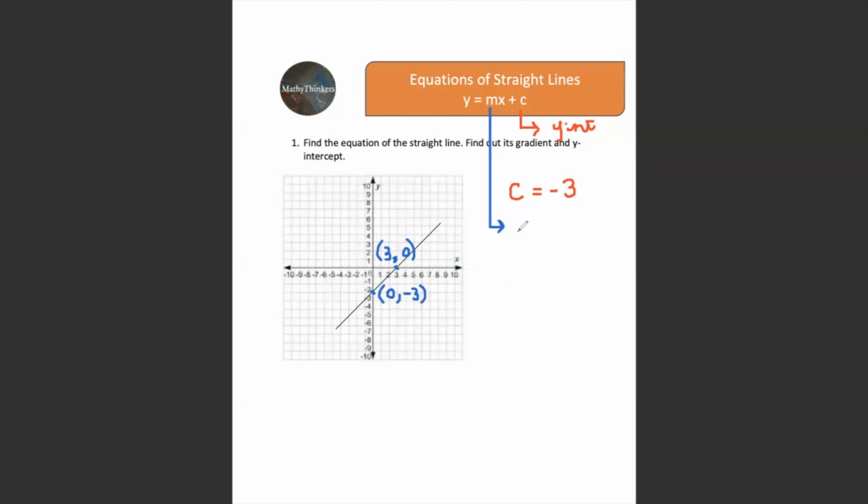Now to find the value of the gradient, m, what we have to do is take a difference of the y values and divide it by a difference of the x values. So we are going to take a difference of the y's and divide it by a difference of the x's. Suppose this point is x1, y1, and this one is x2, y2.